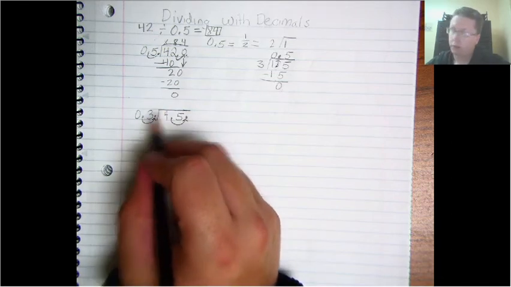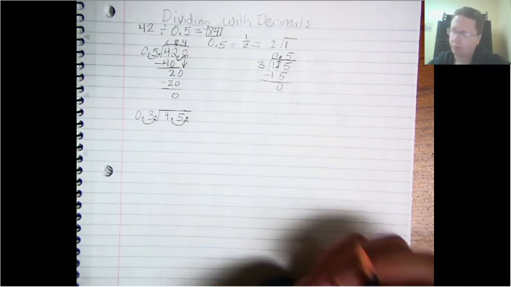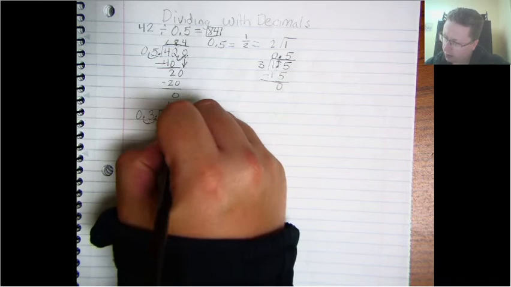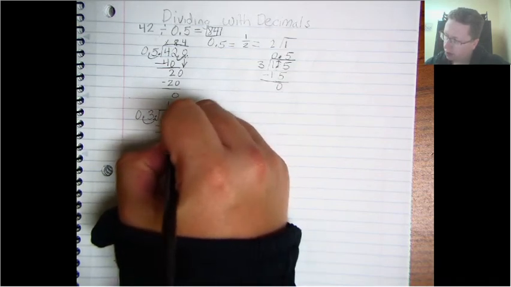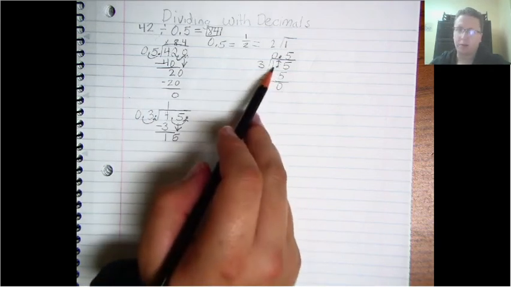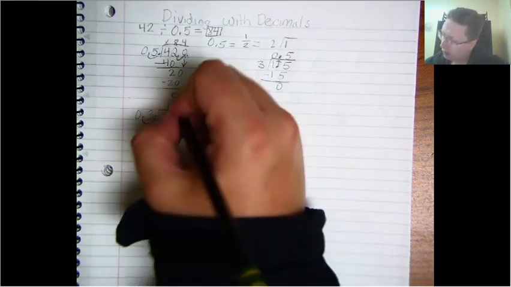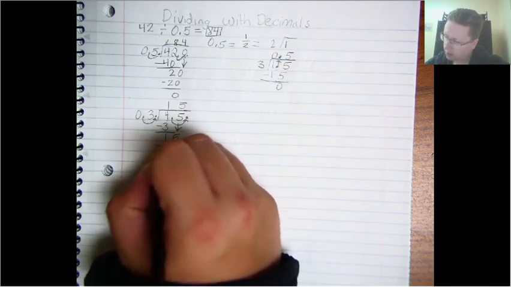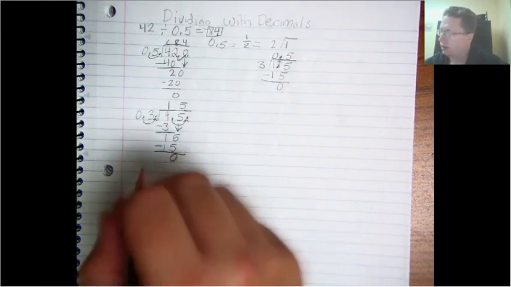Now let's divide like normal. 3 goes into 4 how many times? Once. 1 times 3 is 3, so we subtract 3, minus 1. Now bring down your 5. Now this looks a lot like the previous problem. How many times does 3 go into 15? 5 times. 5 times 3 is 15. We subtract 15, which is 0, meaning we're done once you get that 0.